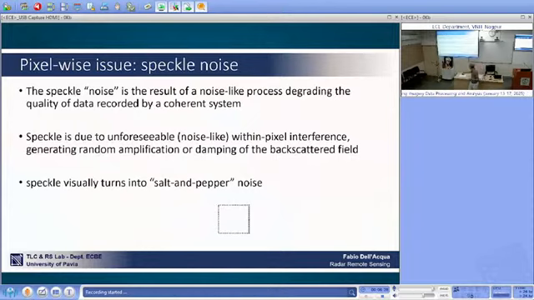When I use laser, I'm using a coherent source of light. I am throwing out one specific wave at a specific wavelength. It's also written here: 632 nanometers. It's red, okay? And that is coherent.